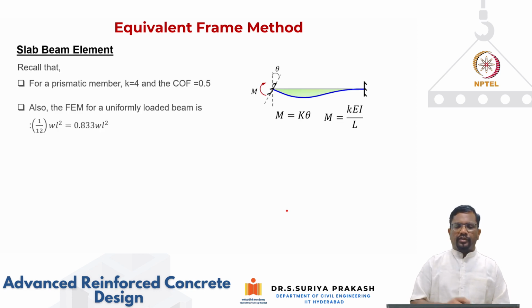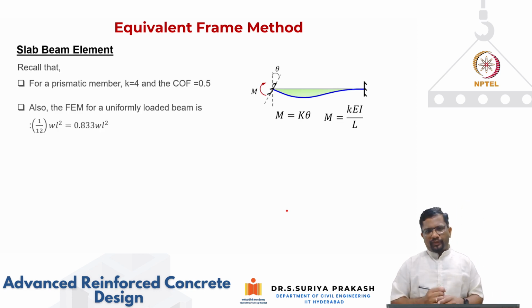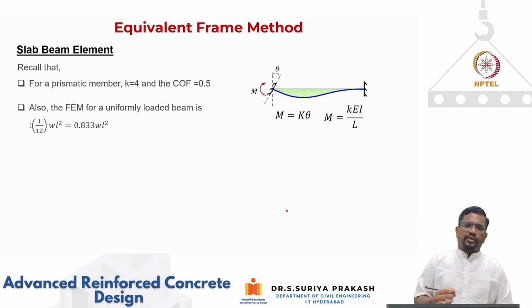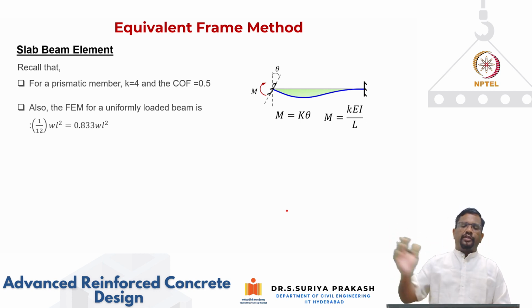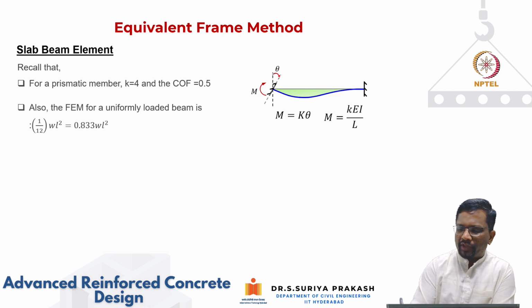Okay, now let us see what is a slab beam element. What are the things that we need to take into account in a slab beam element? If you recall your structural analysis, we know that for a prismatic member, that means when the beam cross section doesn't change along the length of the beam, for a fixed support like this, to create a rotation theta, I need to apply a moment which is equal to, let's say for a generic boundary condition, the moment applied should be equal to k into theta.